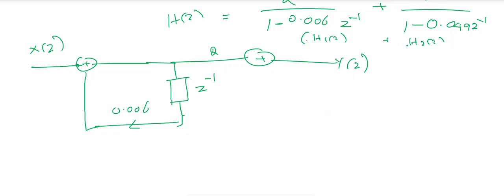Then the other, H2 of z. What are the coefficients of this one? One delay element, z inverse.